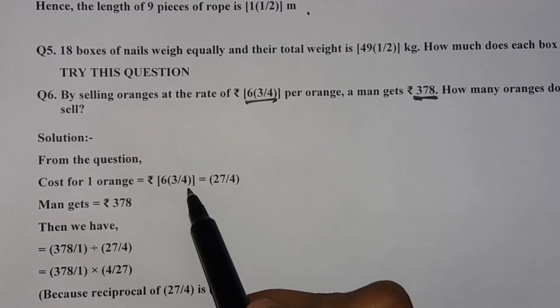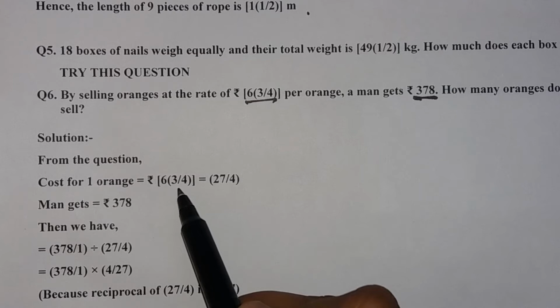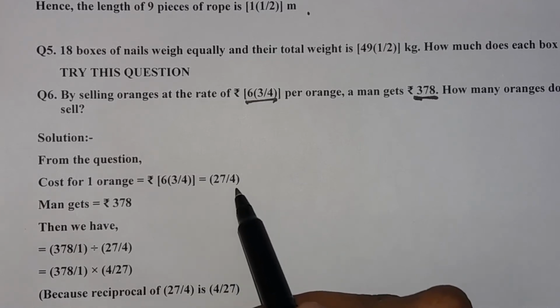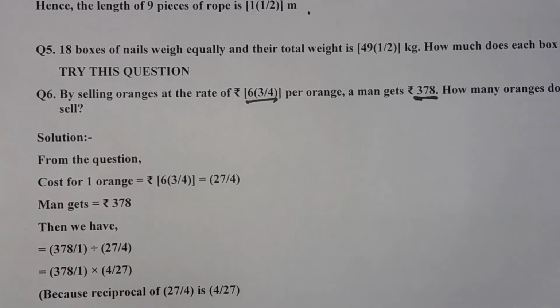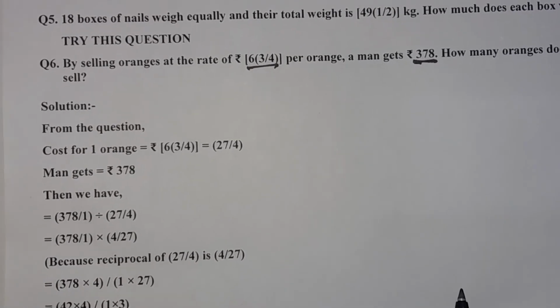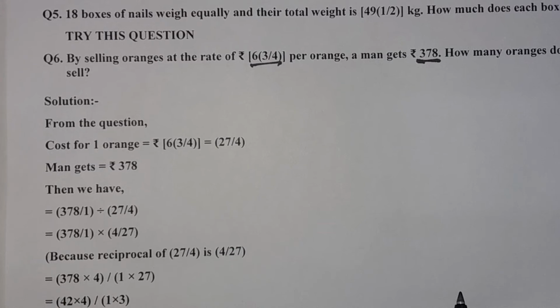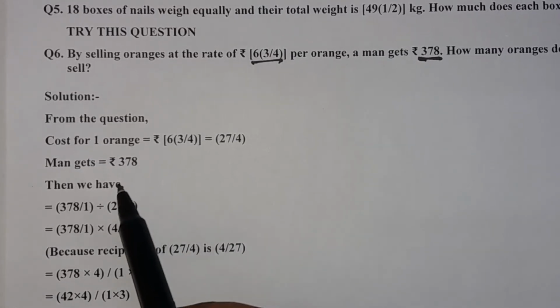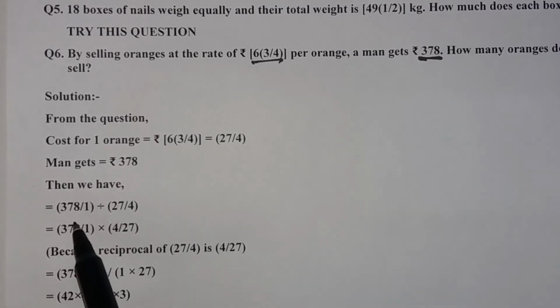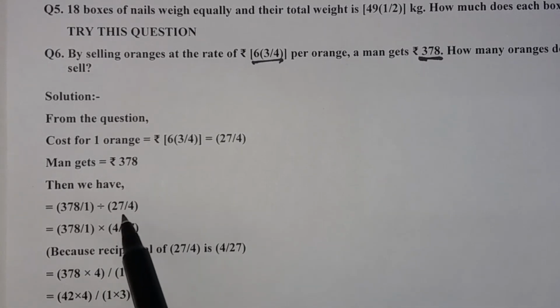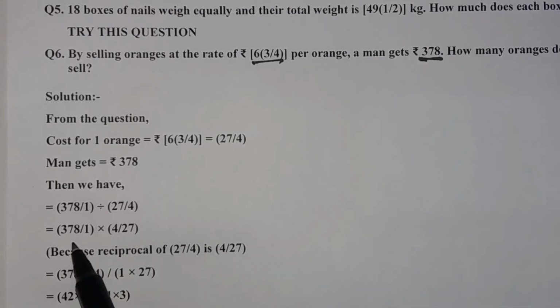By solving it, 4 into 6 is 24, 24 plus 3 is 27, so 27 upon 4, and the man gets 378 rupees. To find the number of oranges, we have to divide 378 by 27 upon 4. So 378 upon 1 divided by 27 upon 4.